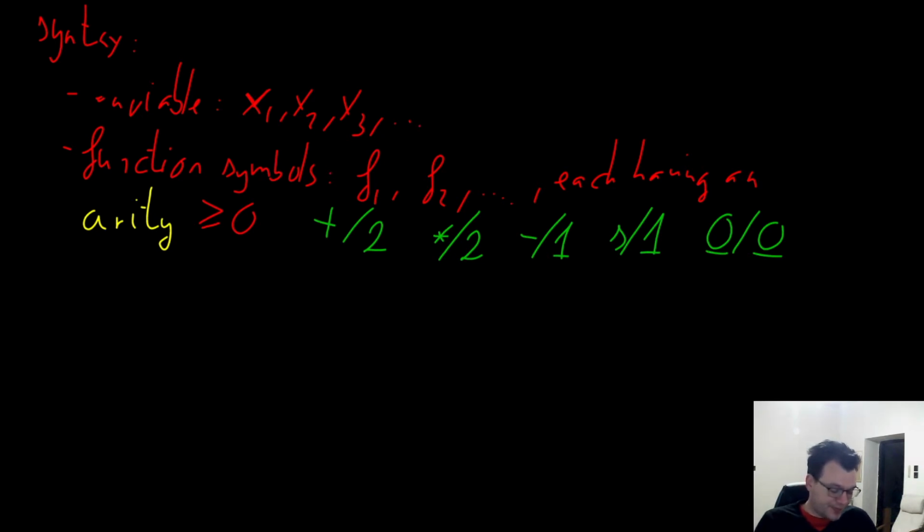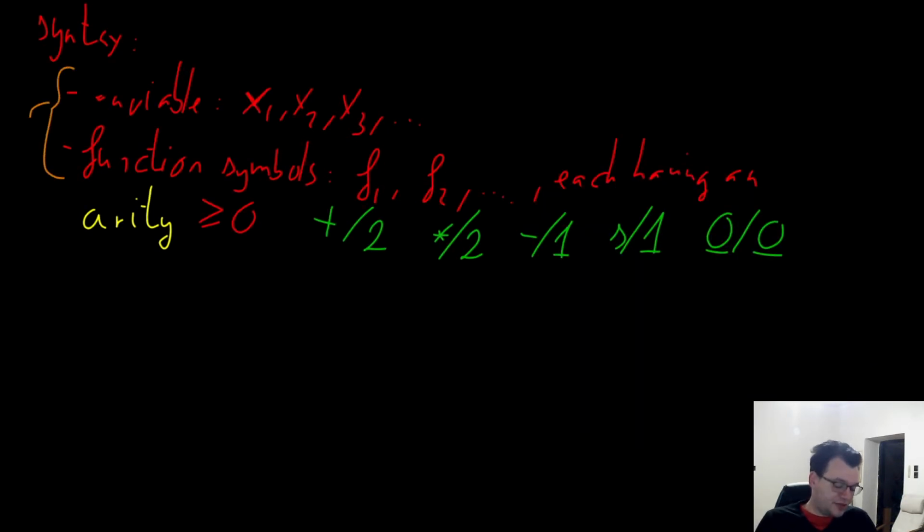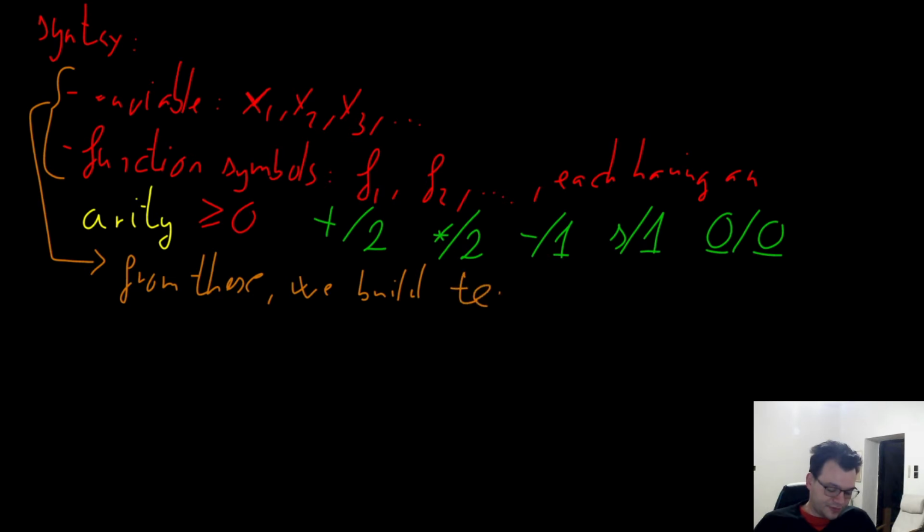And from these two things, from variables and function symbols, we can build terms. This is how they are called. A term is just something which eventually will denote an object.